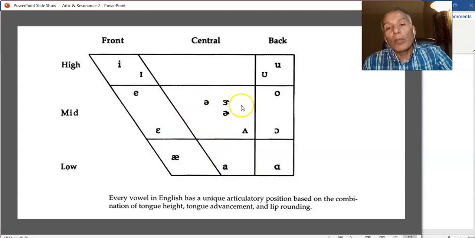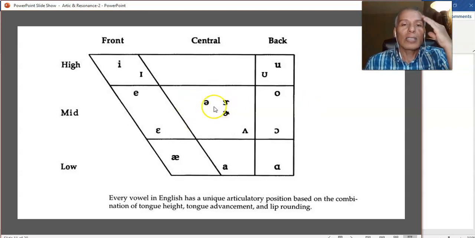And then you look at these where the tongue is in the center of the oral cavity, and in terms of height, the tongue is in the middle, also in terms of advancement. So we call these sounds central vowels. Here's the schwa, and it exists in words like above, alone, and it also comes at the end in words like Clara or Sarah, at the end, it's a short sound.